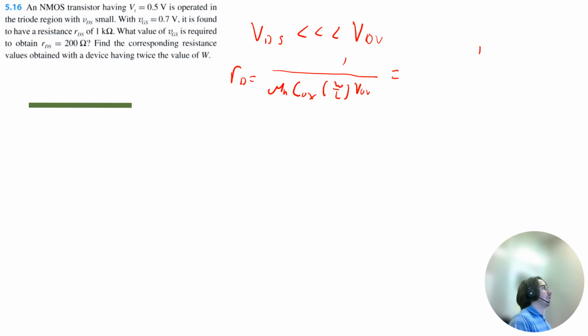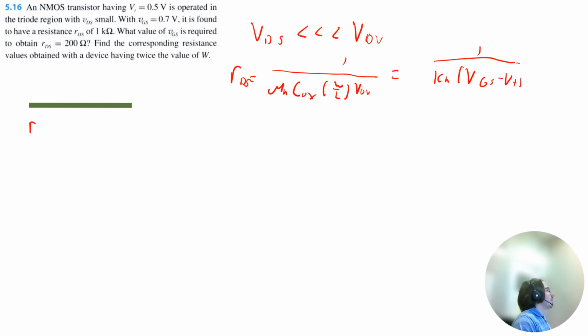I can rewrite this as 1 divided by Kn times the overdrive voltage, which can also be expressed as VGS minus VT. So I have a case where I have threshold voltage, gate to source voltage, and resistance. So I just need to solve for Kn first.